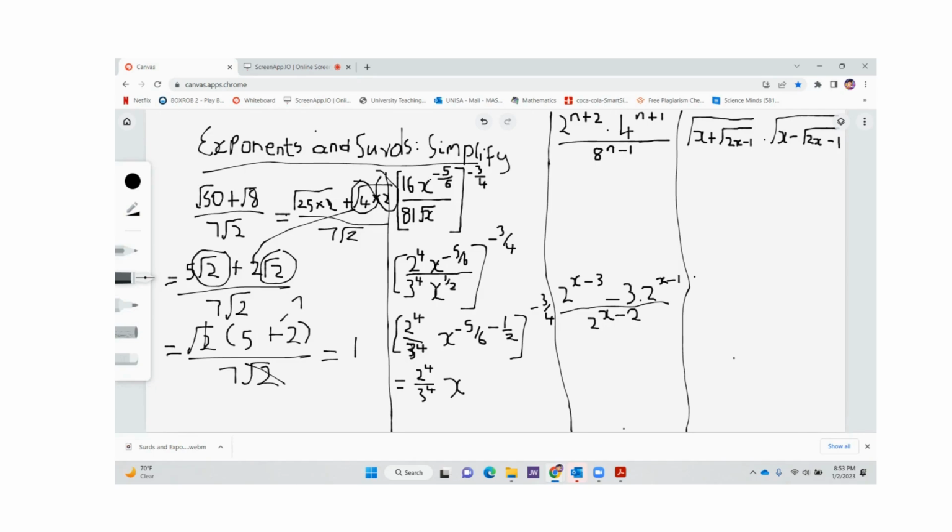Minus 5 over 6, then we have to minus 1 over 2. This will give us minus 4 over 3. So what we're now going to do is spread the outside exponent all over.